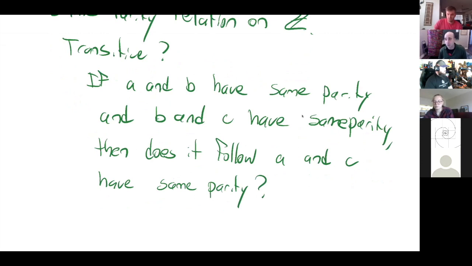Again, we'll get into how we can prove this formally really soon. But for now, we're just thinking about whether that seems reasonable or not.